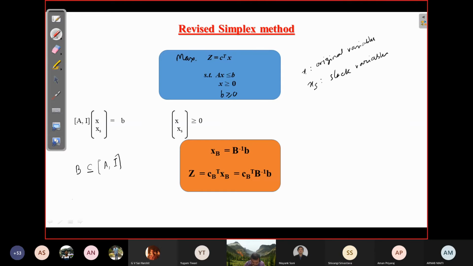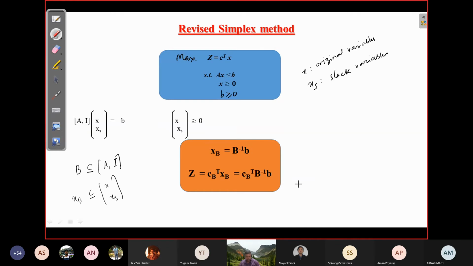And XB are the basic variables corresponding to the columns of B, which are a subset of x and xs. For example, in the first table of simplex, we had only slack variables in the base. In that case, xs will be the XB, and corresponding to those basic variables, you select the columns of [A I] in the table. That will be the capital B.